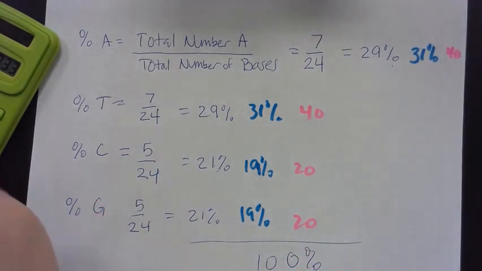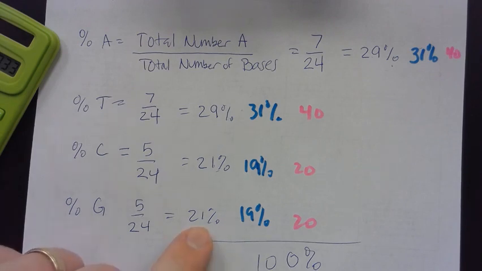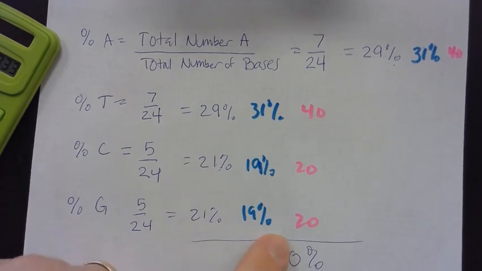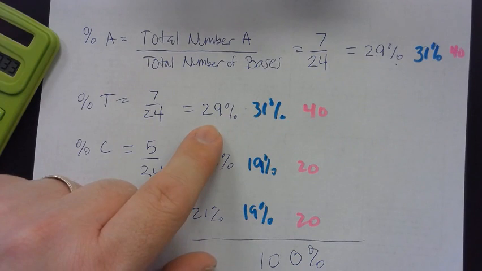And so we have 3 different species. How do we know which 2 are the most alike, which 2 are the most similar? They're the ones where the numbers are closer. And so if we look here, this one isn't really that far away. 21%, 19%, 20%, that's pretty close. But look at the A's and T's.